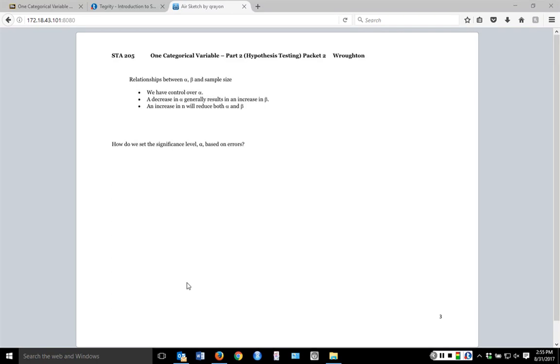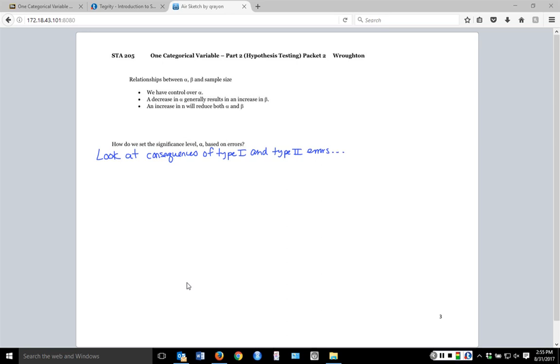I'm going to first look at the consequences of type 1 and type 2 errors to see which one is worse. And then based upon that, I can decide how I'm going to set it.